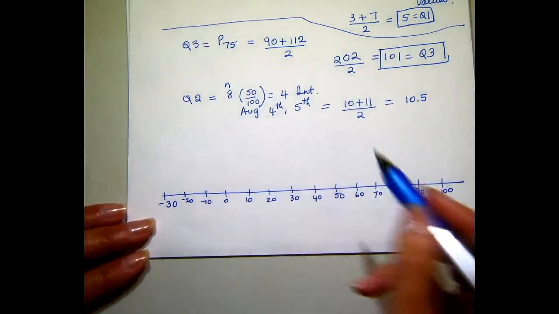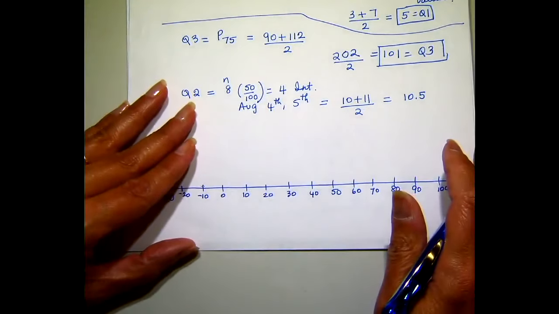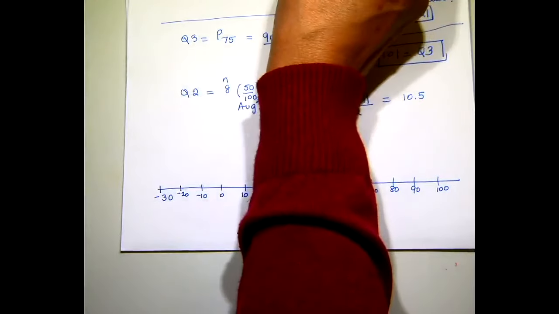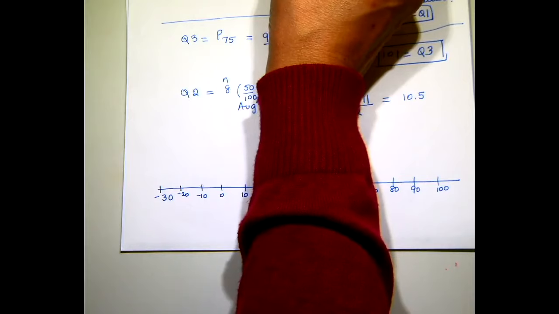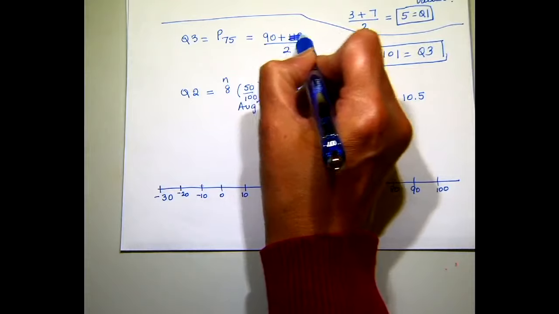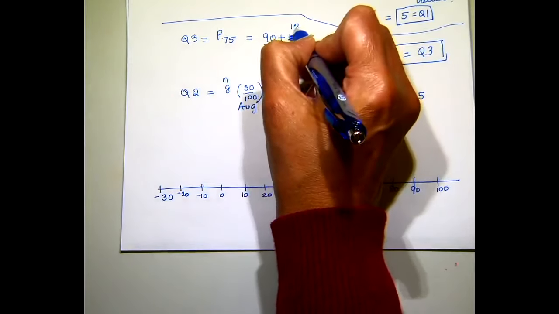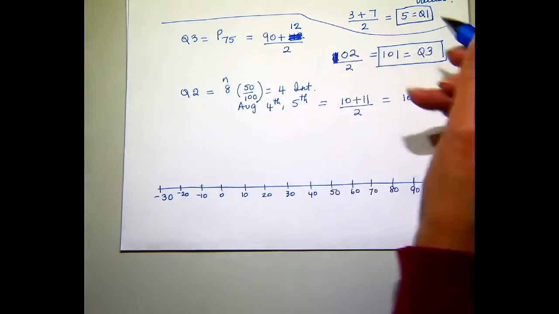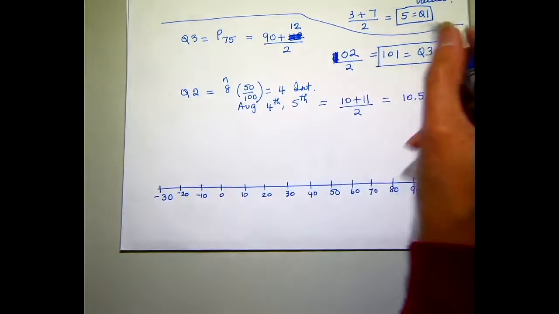The min is, well, it's modified, so I have to be, did I make a mistake? Oh, I'm sorry, it is 12. It is 12, I'm sorry. 90 plus 12 divided by 2. So 102 divided by 2, which is 51.